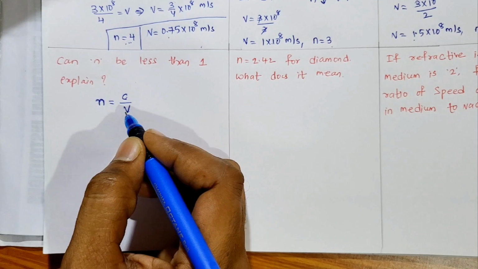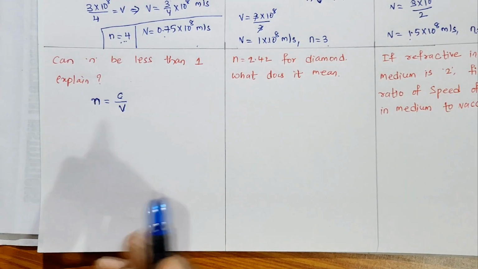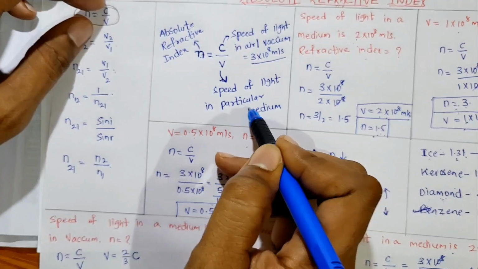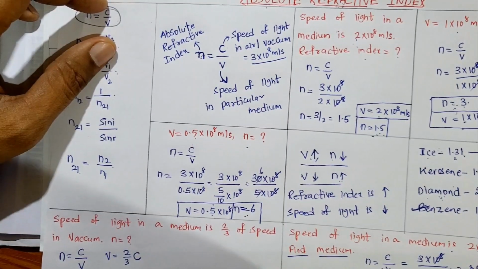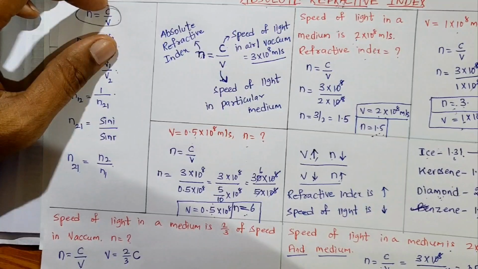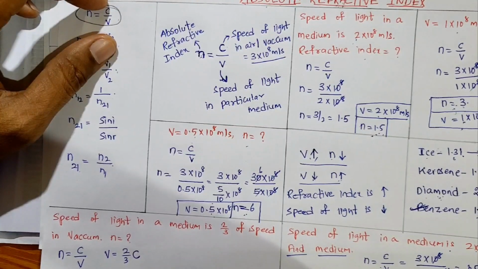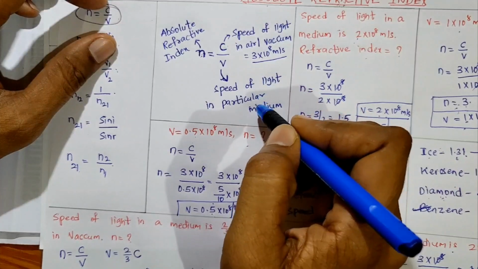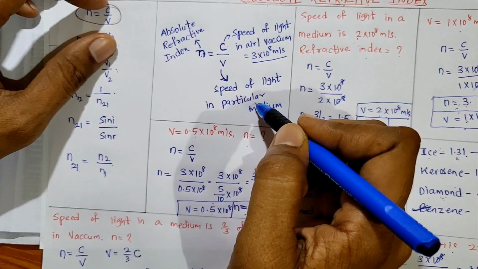What is v here? In the beginning only I explained. v is the speed of light in that particular medium. c is the speed of light in vacuum, that is 3 into 10 power 8 meters per second. n is the absolute refractive index of this particular medium.